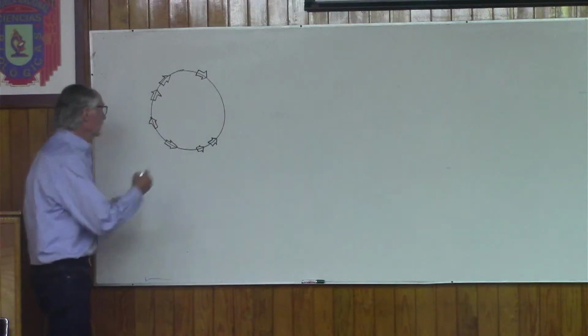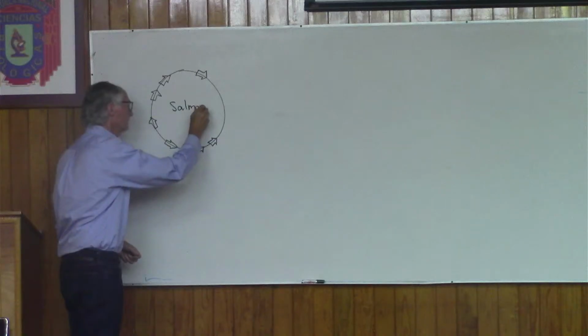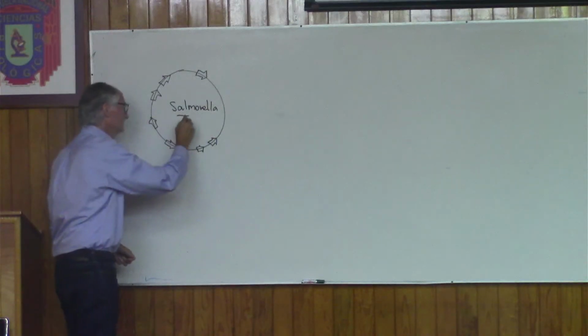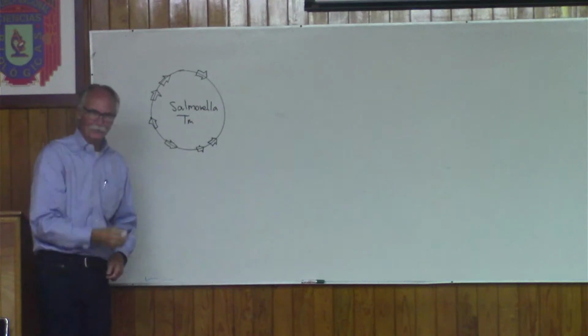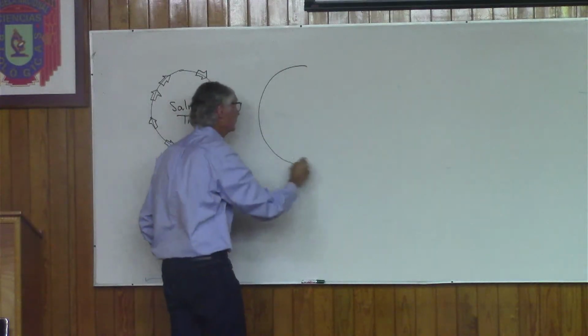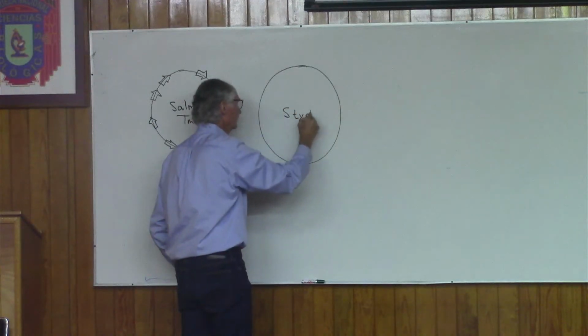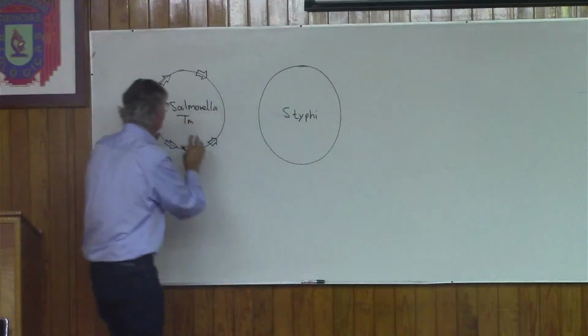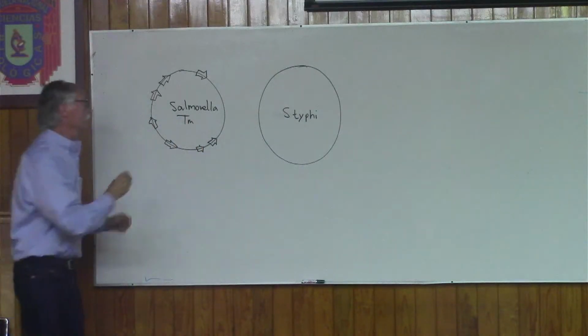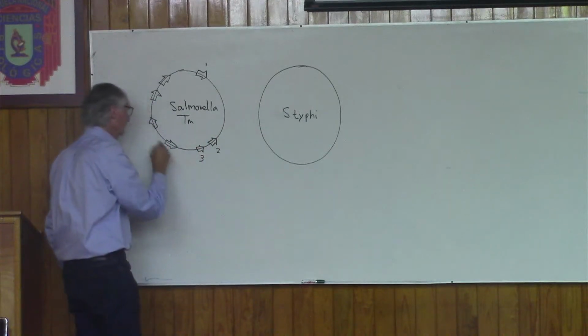It's very interesting because if you look at Salmonella typhimurium, the organism that we know and love so well for its genetic abilities, and you compare it to a very close relative, Salmonella typhi. In Salmonella typhimurium, when you look at these, it's virtually always the same.